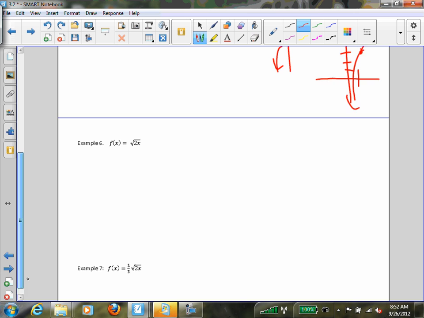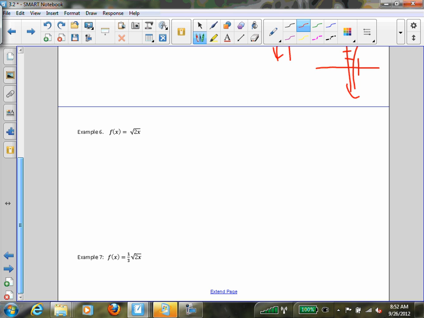Okay, let's do this one. Parent function is what? What does it look like? Right, get rid of all the gunk. Just leave yourself with that variable. Okay? This 2, is it with the x or the y?